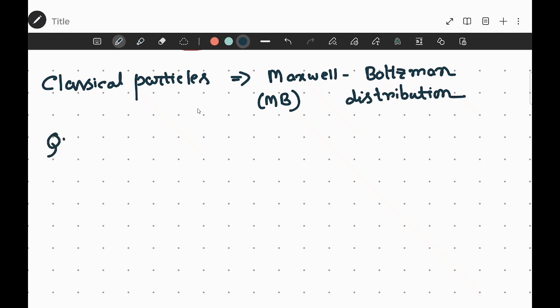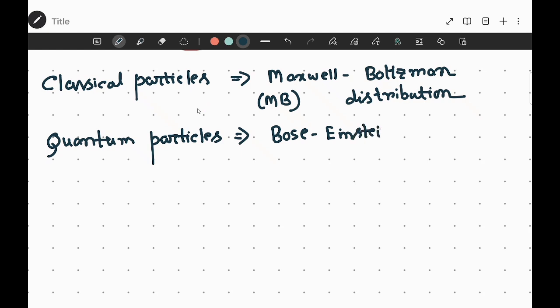For quantum mechanical particles, which we have already discussed, if it is a boson, then it follows the Bose-Einstein distribution, that is called BE stat. When a quantum particle follows BE stat, it is called a boson.